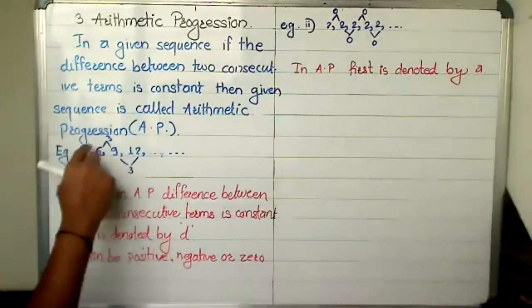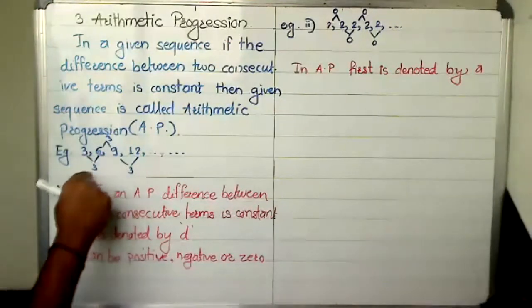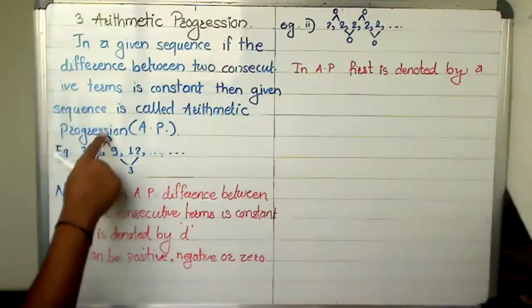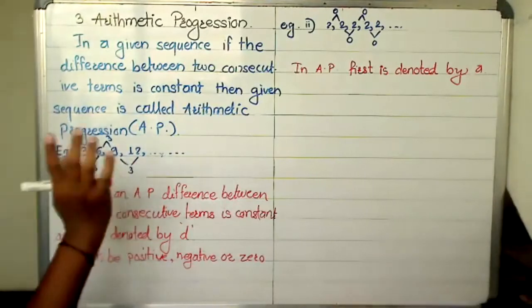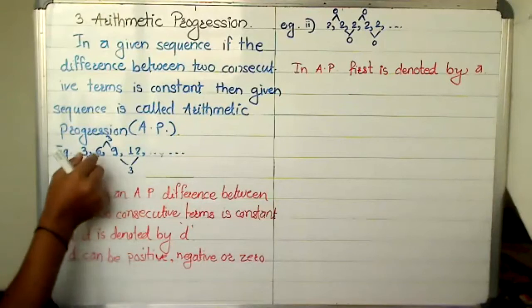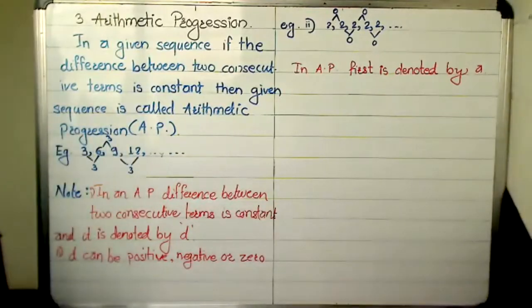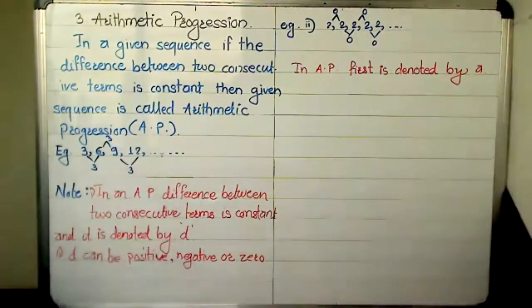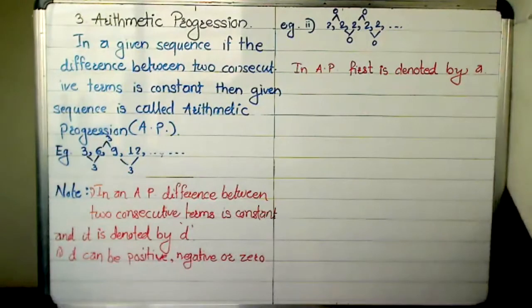Here again, 3 and 6 are consecutive, and the difference is 3. 6 and 9 are consecutive, the difference is 3. 9 and 12 are consecutive, the difference is again 3. The difference between each pair of consecutive terms is the same, so we can call this sequence an arithmetic progression.